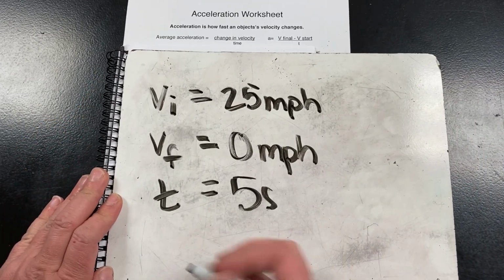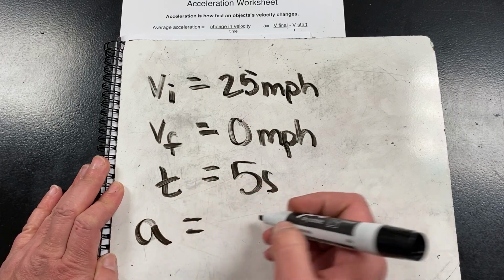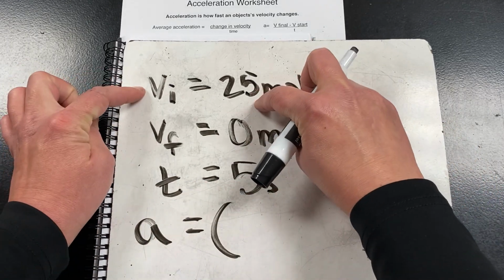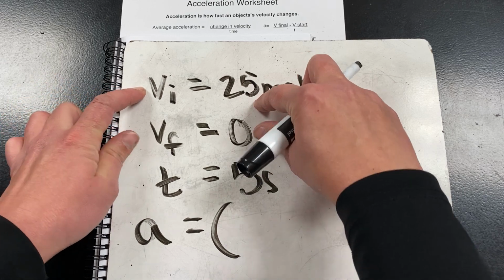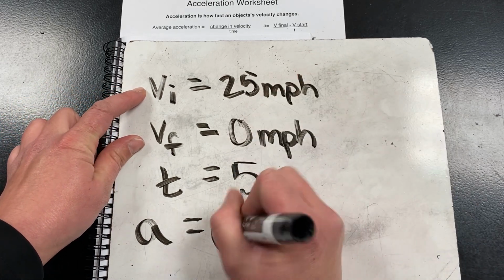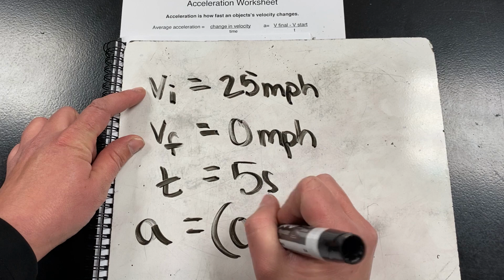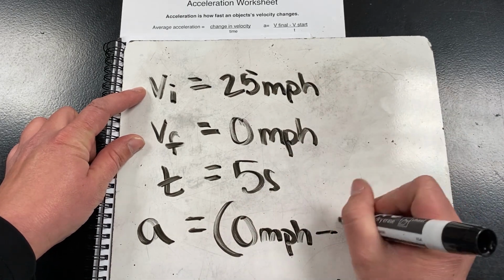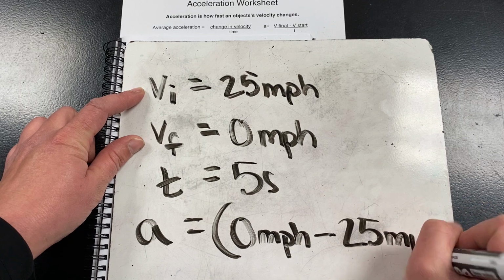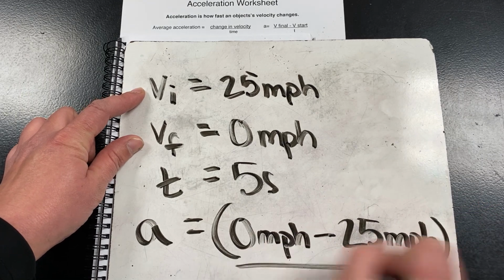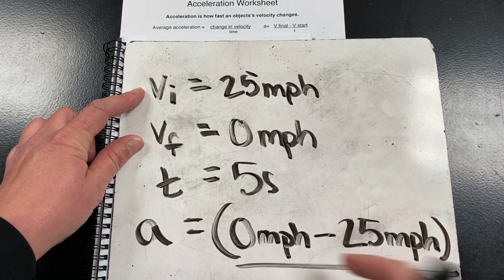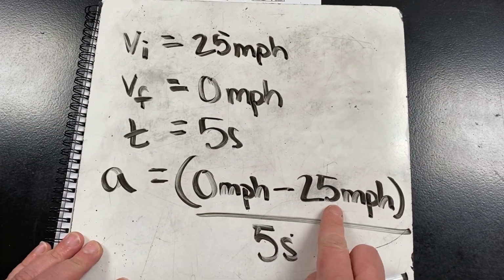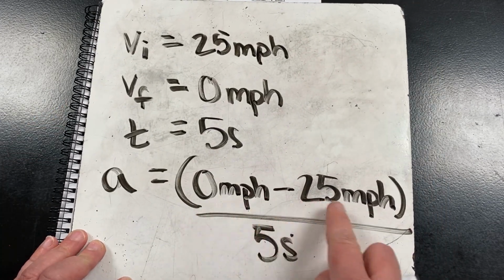So we're going to take A equals, we want to make sure that we're taking the final minus initial. Now this is extremely important when you have something slowing down, because if we have final, the 0 miles per hour, minus the initial 25 miles per hour, that number is going to be negative. And then we're dividing by 5 seconds. So 0 minus 25, that's easy, that's just a negative 25.